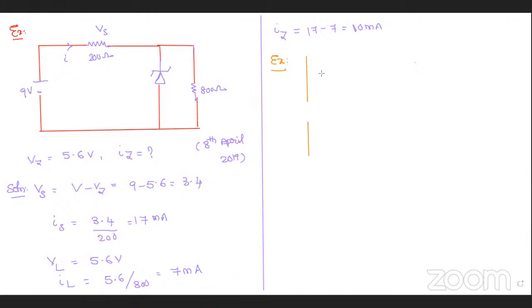Here he gave one battery of 12 volts, and one resistor is connected like this here, and one more resistor is connected like this here.